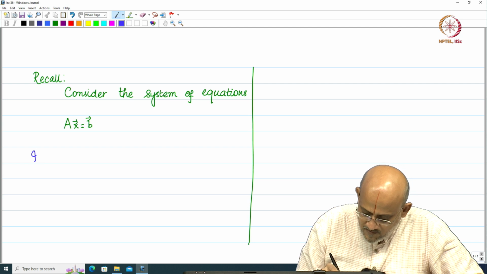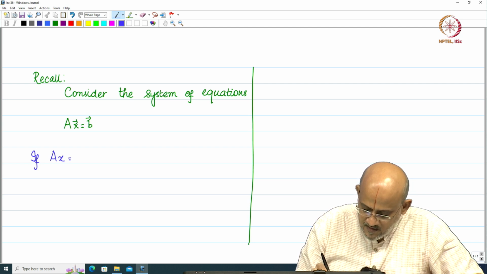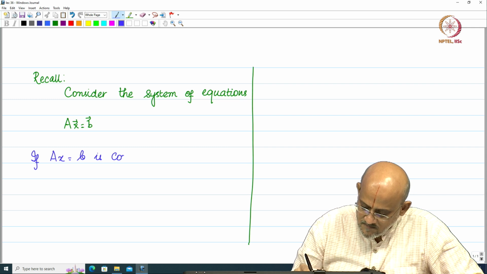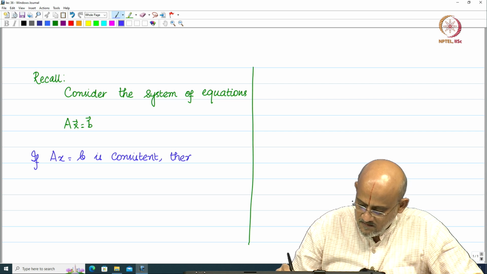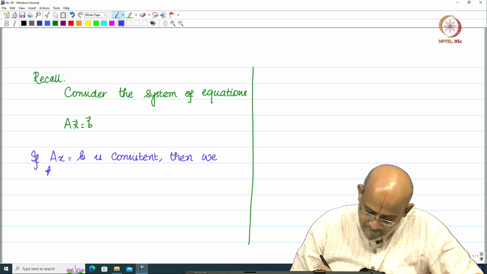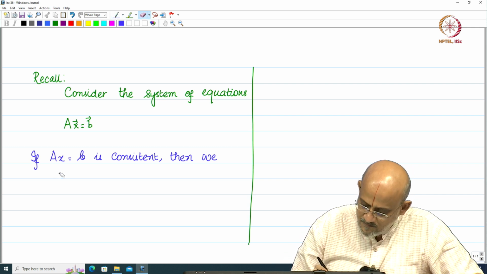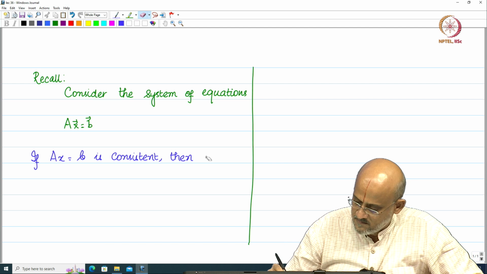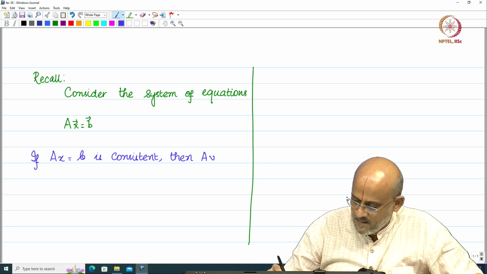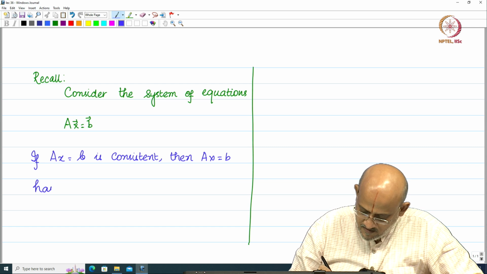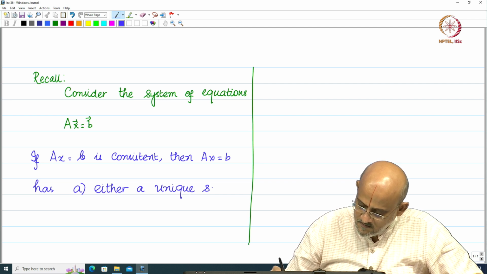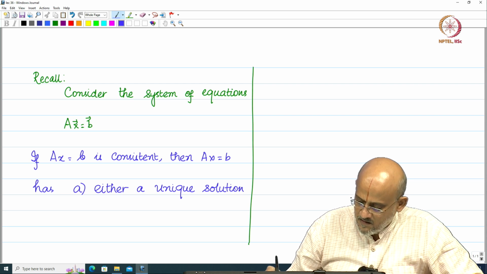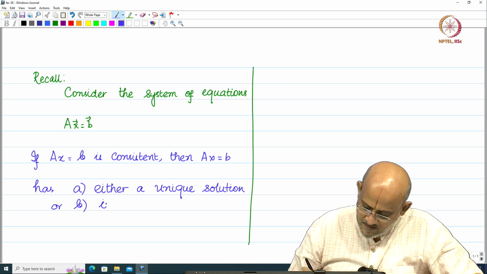If Ax equal to b is consistent, then Ax equal to b has either a unique solution or infinitely many solutions.